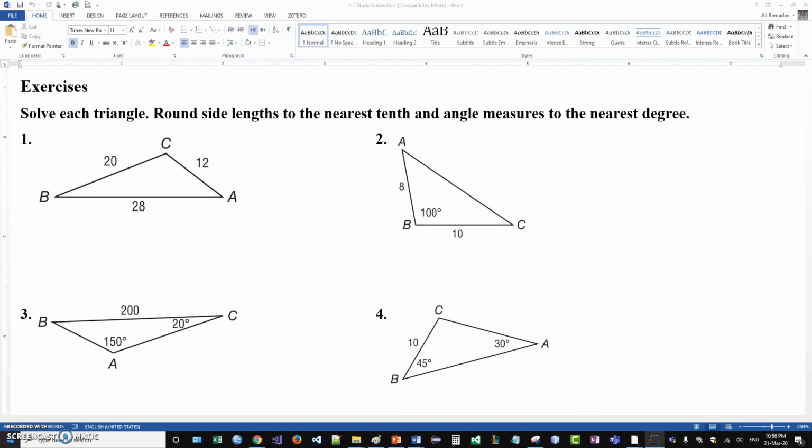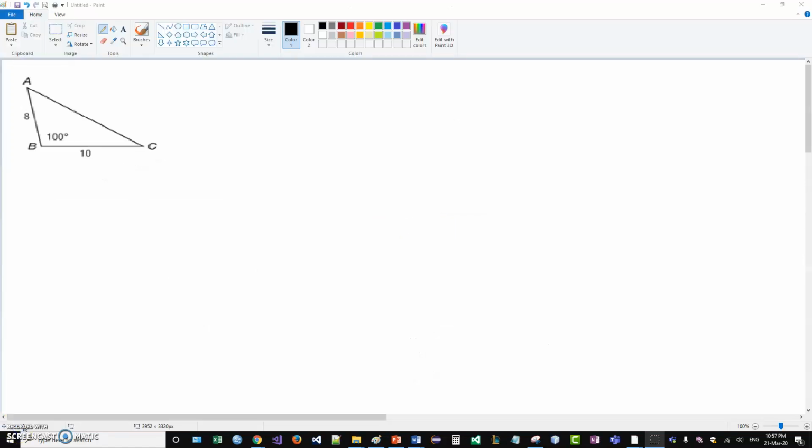So let's look at the second exercise. We have side, angle, side, which means we're going to use the law of cosines first. We're going to start by finding side b.